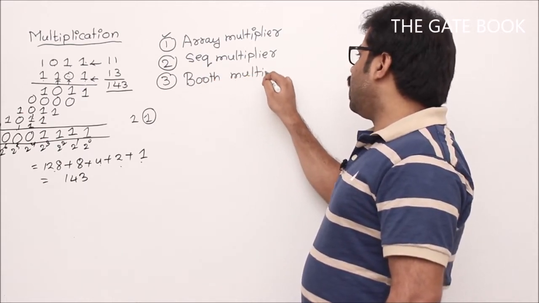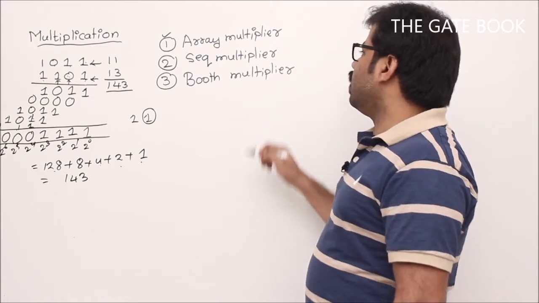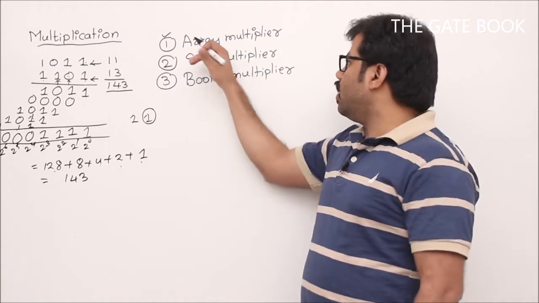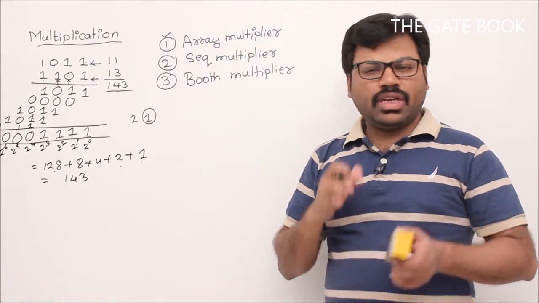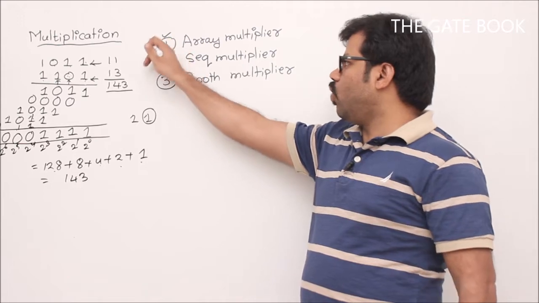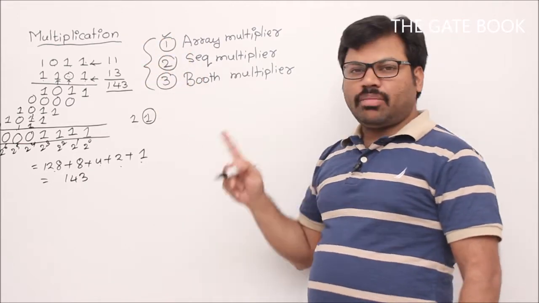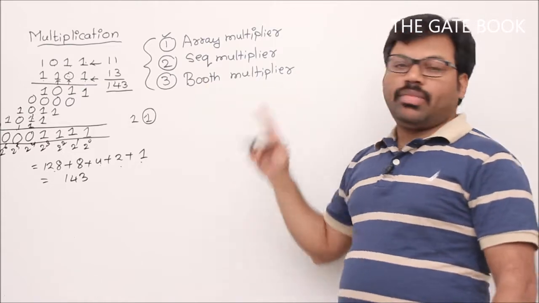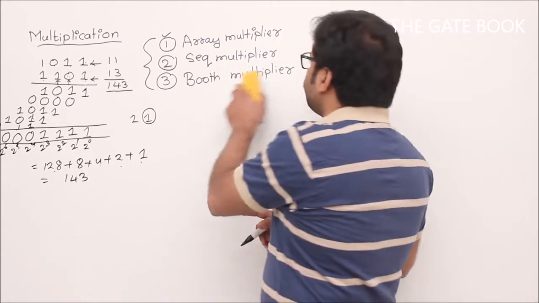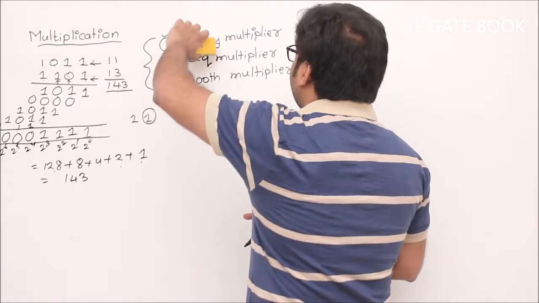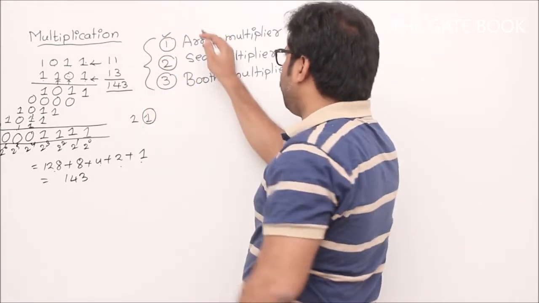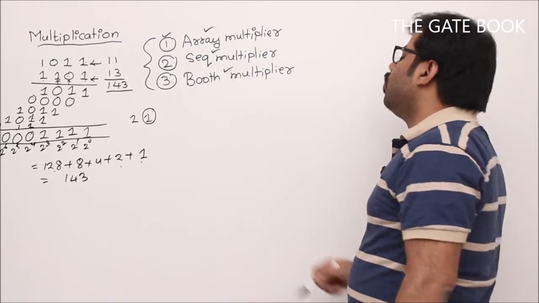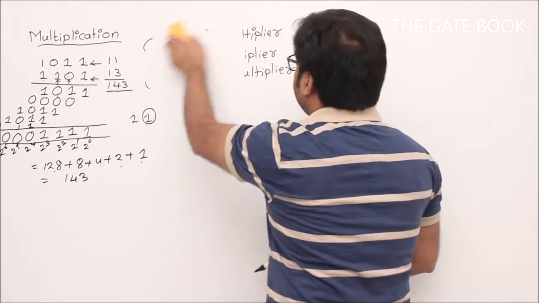Booth multiplier is generally faster than the sequential multiplier, and it won't take as much space as the array multiplier. I will explain those details clearly, but I am just giving you the outline of what I am going to teach you. Array multiplier, then sequential multiplier, then Booth multiplier. This process is called array multiplication, this process is called sequential multiplication, and the third one is Booth multiplication. All that we will see.